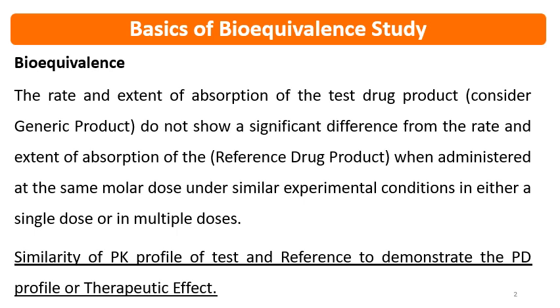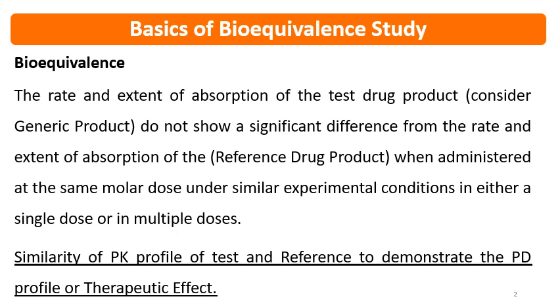Sometimes it is also called RLD or reference listed drug formulation, specifically for the US and Europe market, or it is also known as market product, reference formulation, or the comparator product.